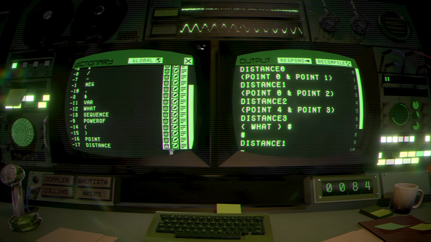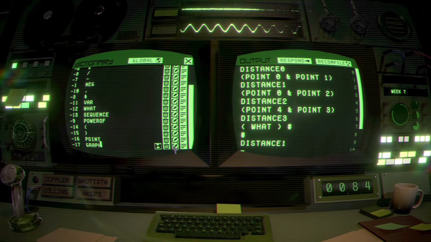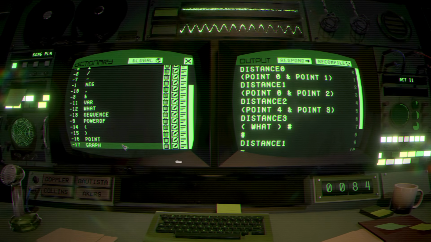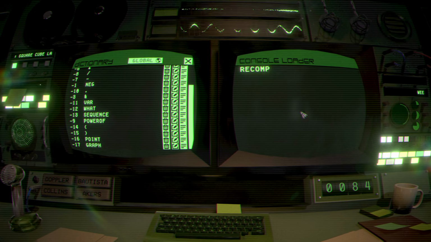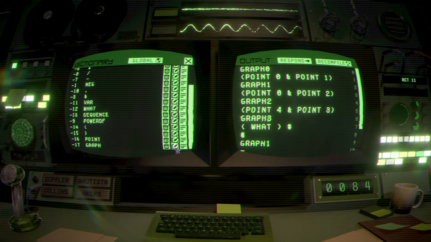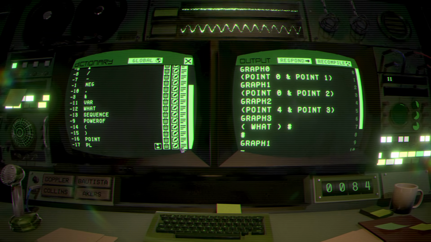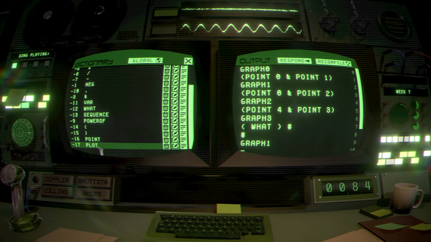Kind of. This would be variable, right? F. Or plot. This would be plot. This is plot.